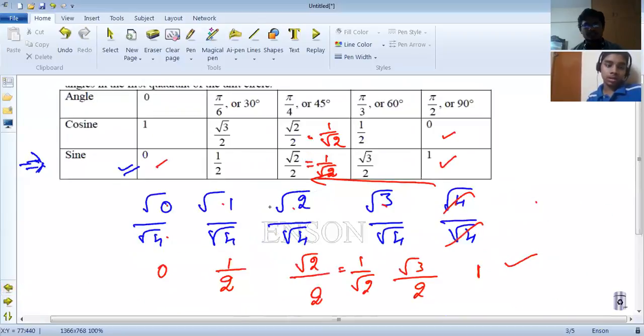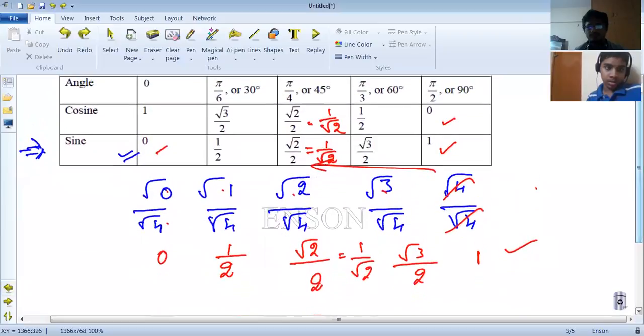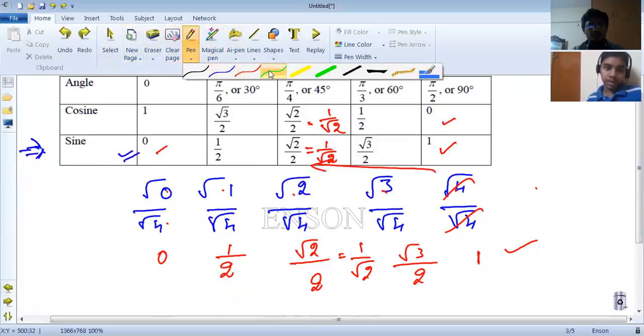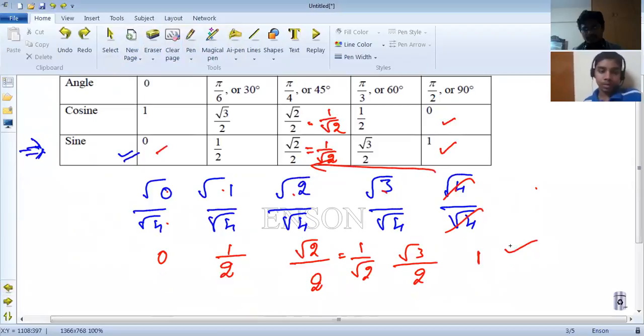If you want, for example, tan, tell me any value. Which value do you want? Tan 60.